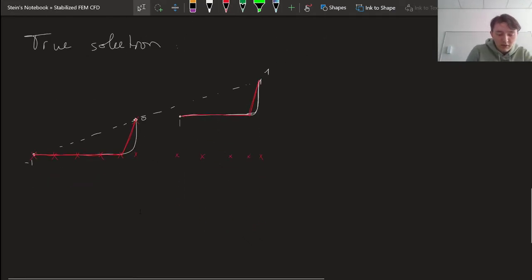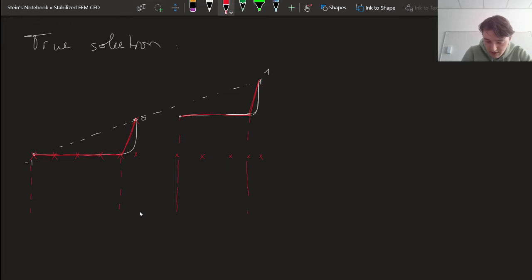So let's also draw the corresponding error field. We have pretty much a 0 error all the way across this part of our domain. And then in the last element, we suddenly have a certain error.